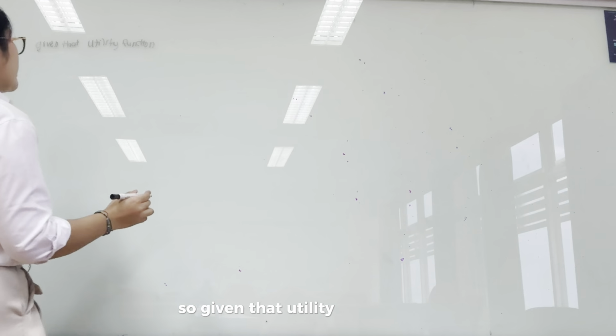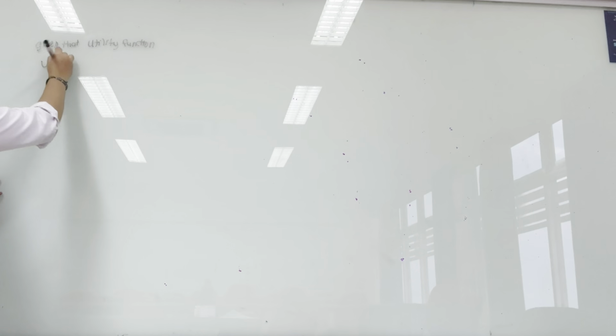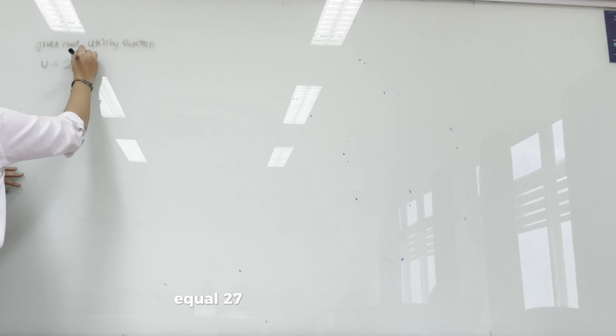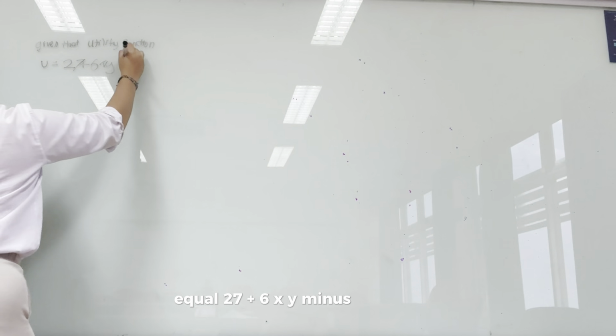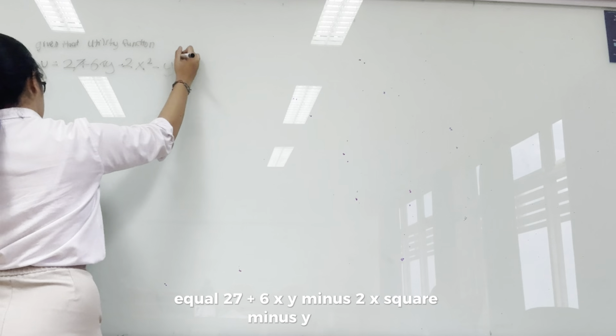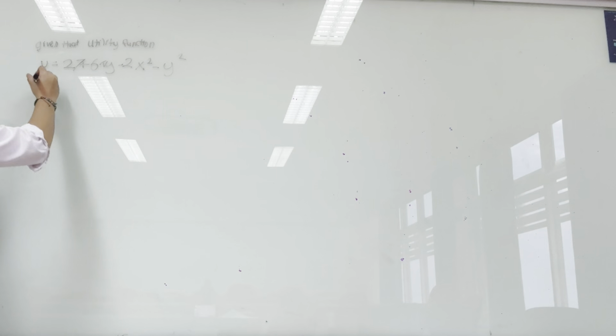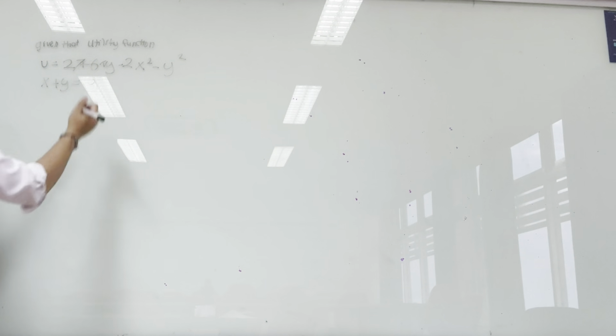So given that the utility function is U equal 27 plus 6xy minus 2x squared minus y squared. And then x plus y is 9.